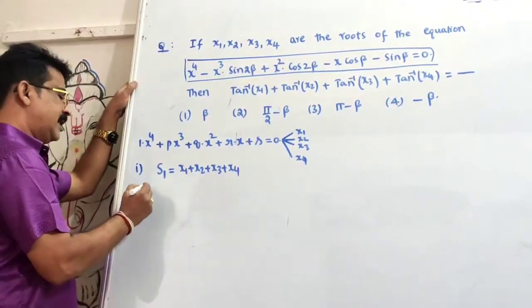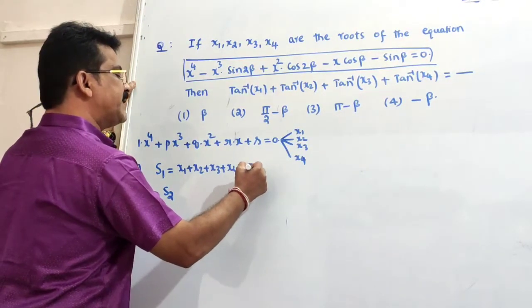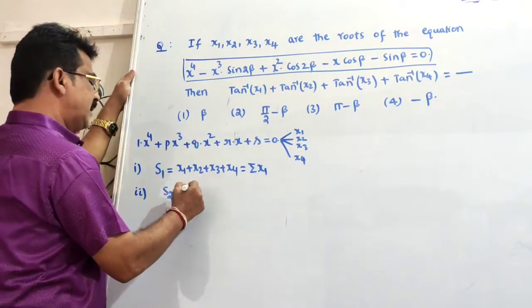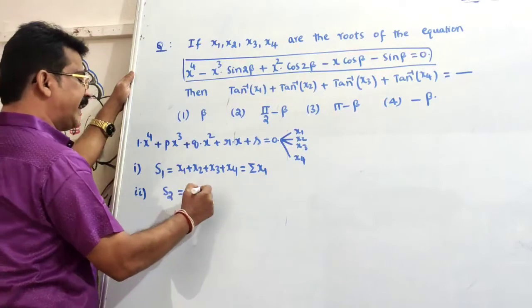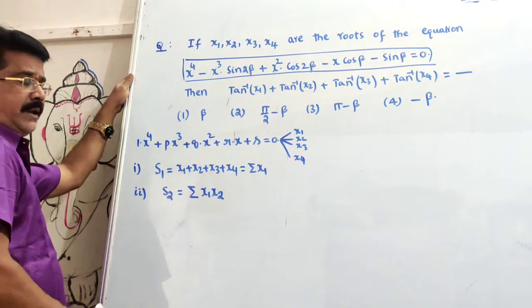Similarly, another is S2. It is a simple representation, sigma x1. S2 means taking 2 at a time, sigma x1 x2.